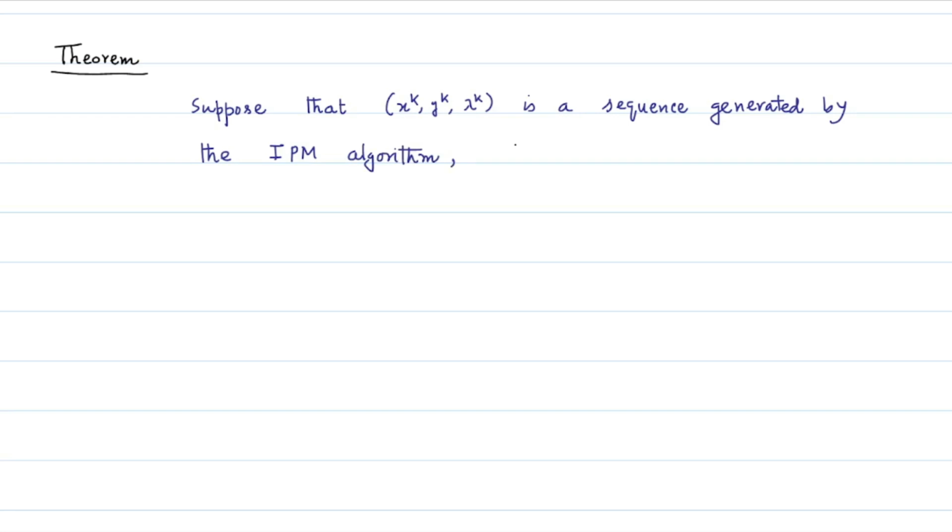We suppose that x k, y k, lambda k is a sequence generated by the above algorithm, the interior point method algorithm, and you have taken the precision scalar some number in between 0 and 1, and also assume that the parameters tau k are degraded, but if the degradation follows the following rule, that tau k plus 1 is less than or equal to 1 minus delta divided by m to the power omega times tau k, for all k starting from 0, 1, 2, 3, and so on, for some positive delta and omega.